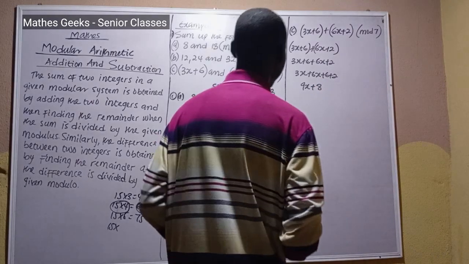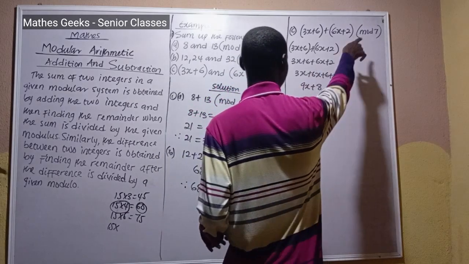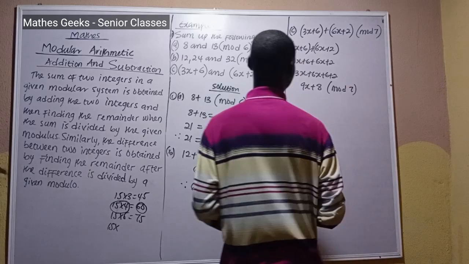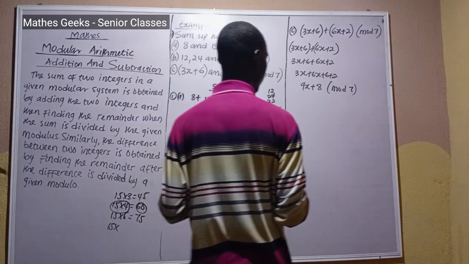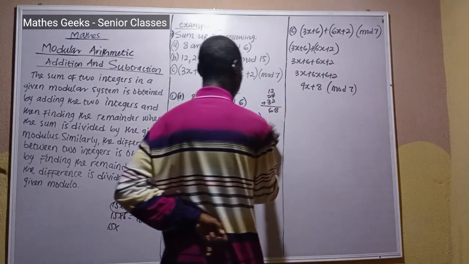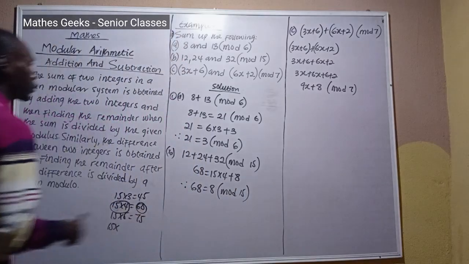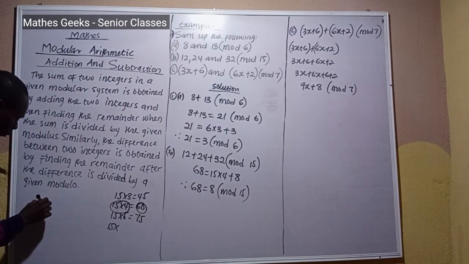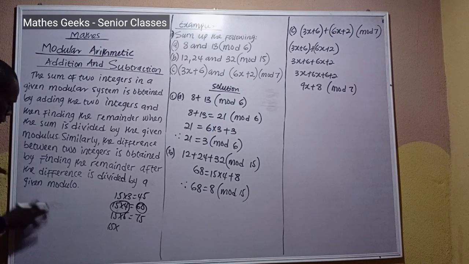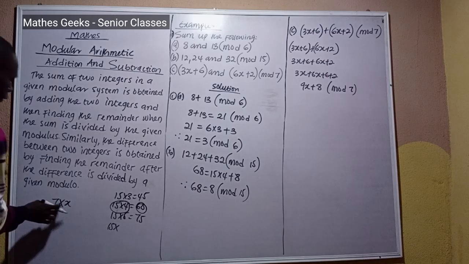So this is what we're going to do. For 9x, since this is carried out in mod 7, we're going to get the multiple of 7 that's closest to 9x. In this case it is not just 7, but 7x. As usual, I prefer starting with the mod number, 7 times x, which gives us 7x.